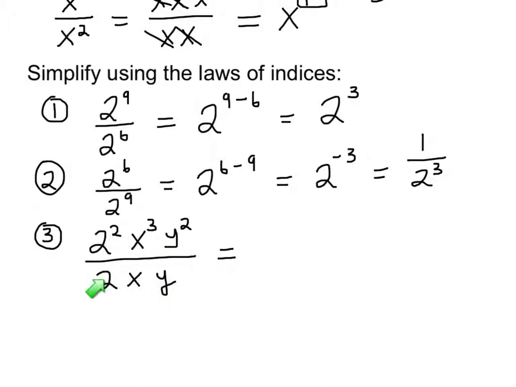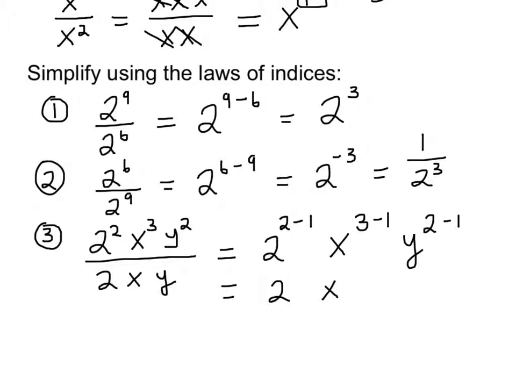So when I simplify the 2, it's 2 to the power of 2 minus 1. Remember, it's understood that there's a power of 1 on that 2. Then the x value is going to be 3 minus 1, and lastly the y value is 2 minus 1. So if I work them out, it's 2 to the power of 1, x to the power of 2, y to the power of 2 minus 1, which is just 1.